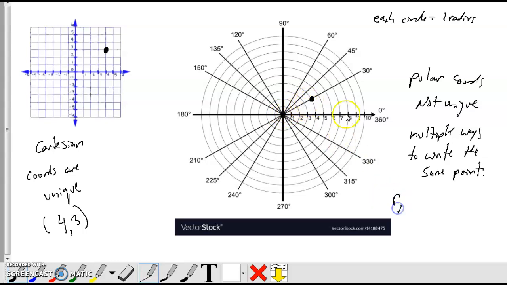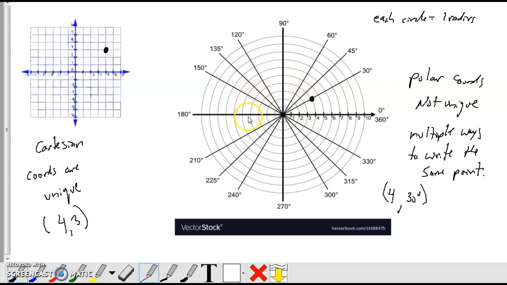So it'd be 4. And then my theta would be 30 degrees. How can I write this point the same? I just realized I wrote, instead of an r, I should write 4. So 4 comma 30.